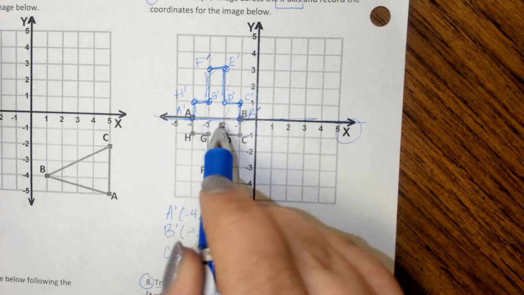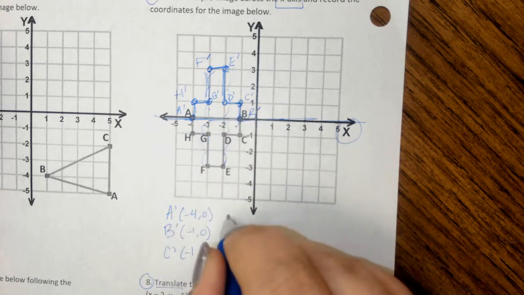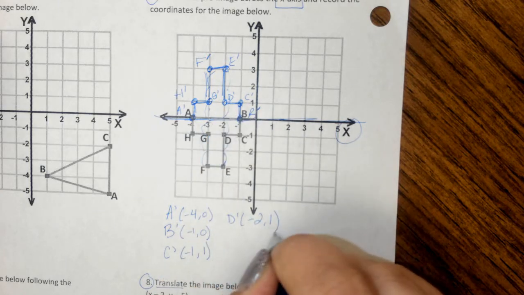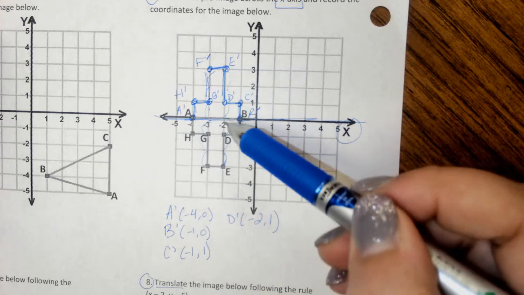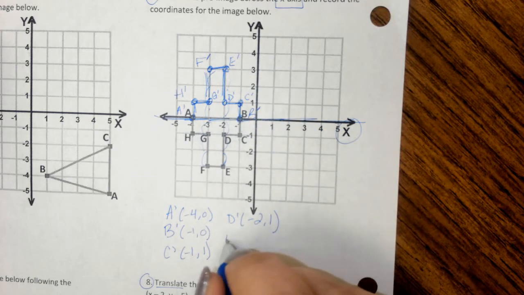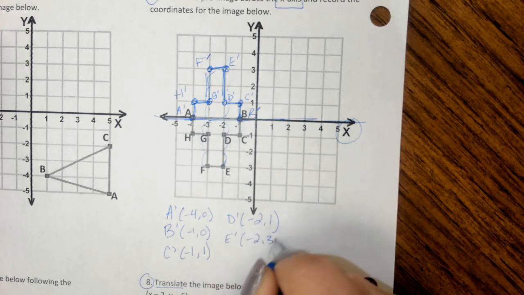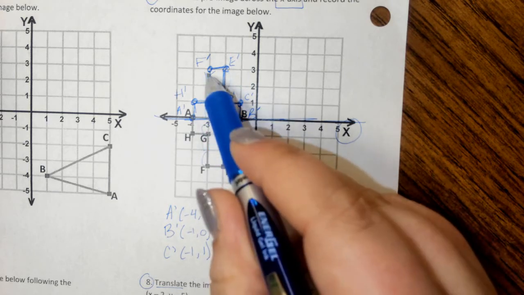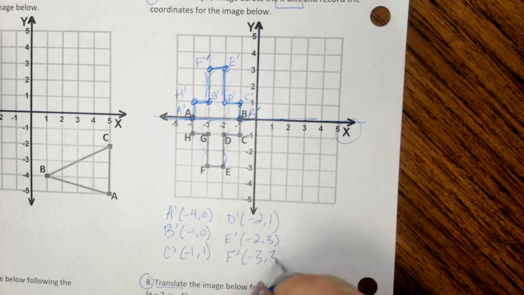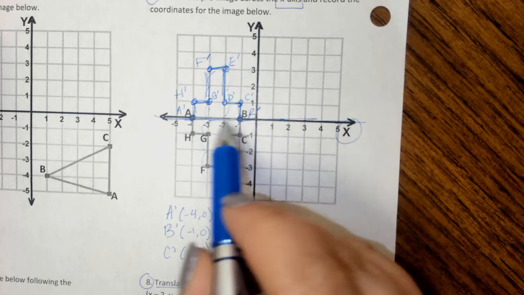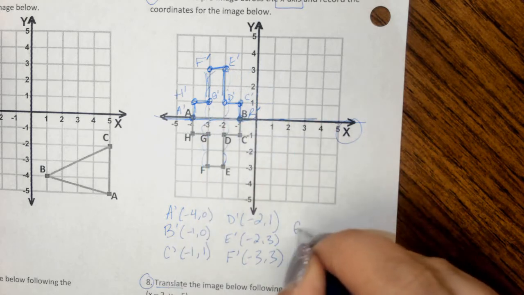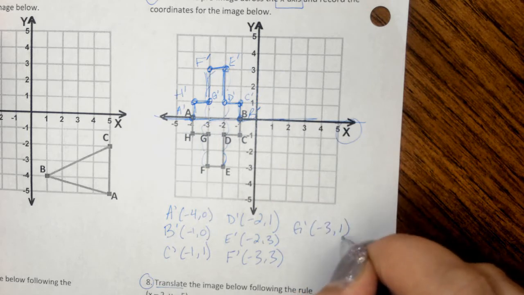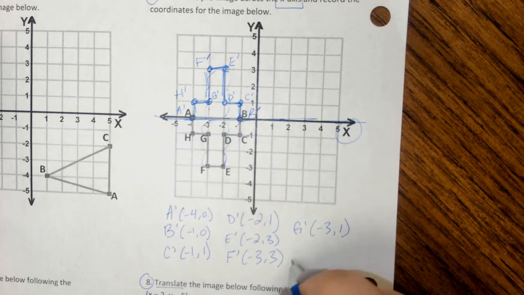D prime, -2, 1. E prime, -2, 3. F prime, -3, 3. G prime, -3, 1. And H prime, -4, 1.